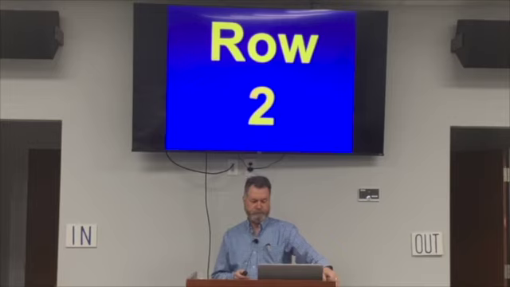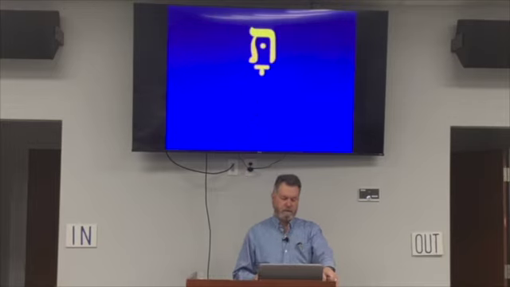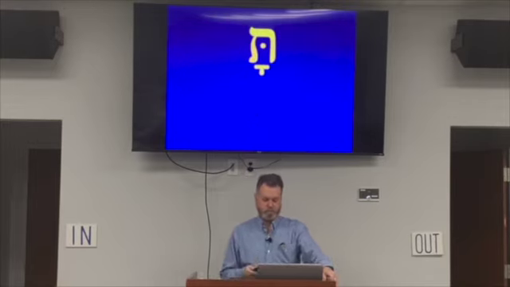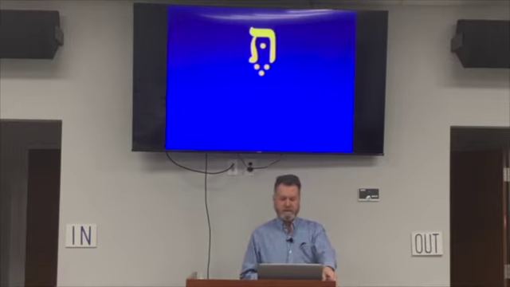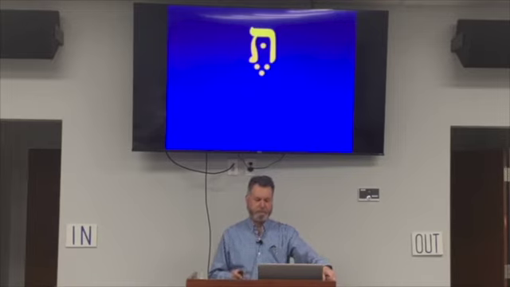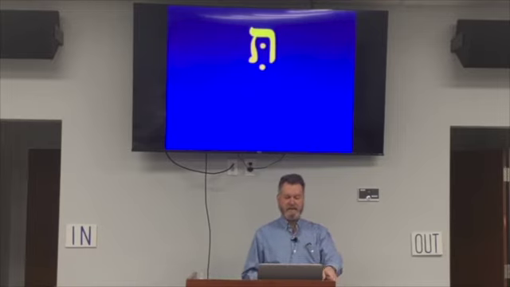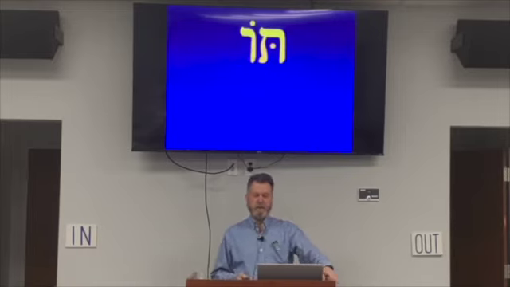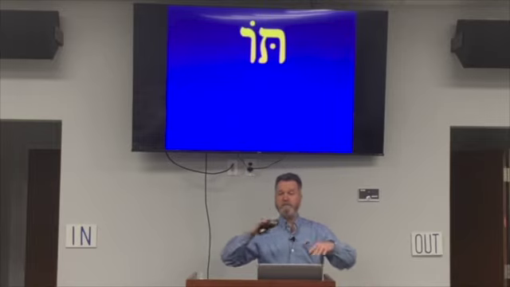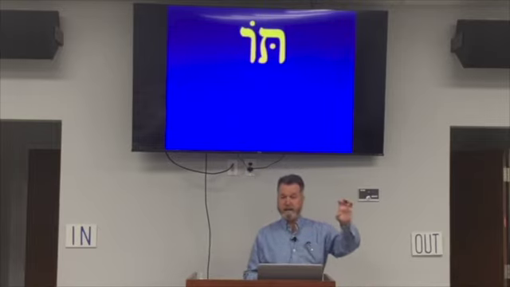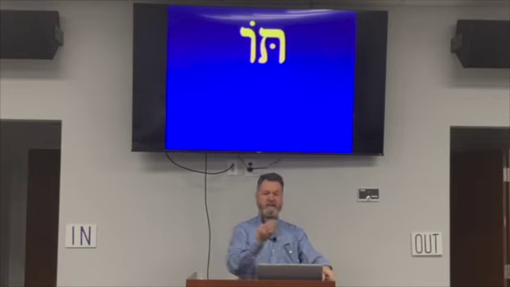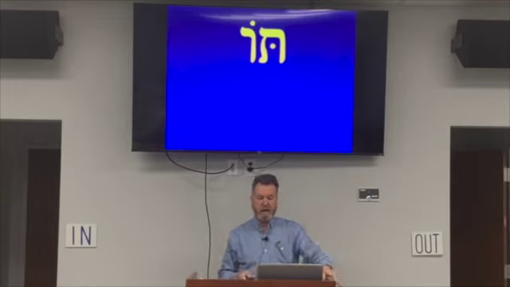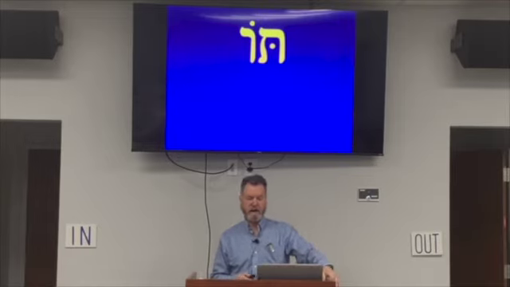Row 2. Ta, ta, te, ti, toe. What was the difference between row 1 and row 2? There was a dot in the tav in row 2. It wasn't there in row 1, but it didn't change how we pronounced those sounds. All the vowels were the same.